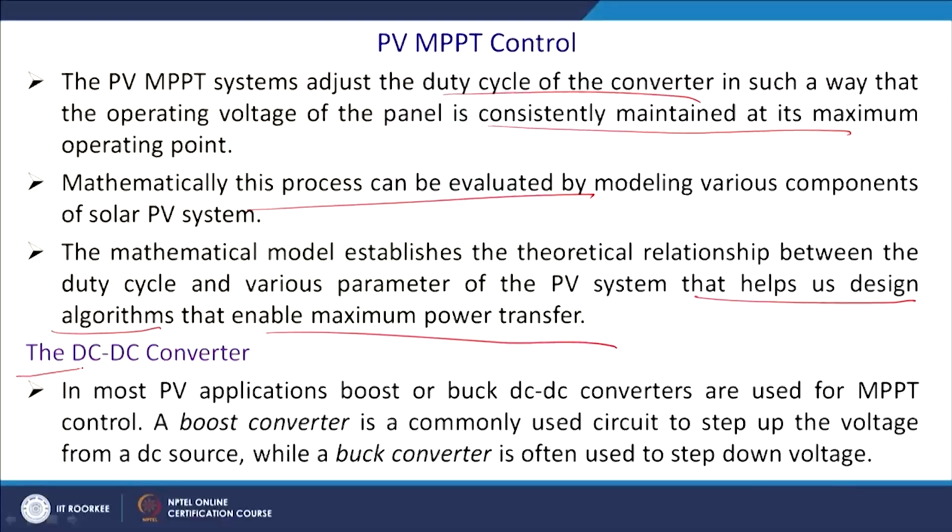So, you have a DC to DC converter. In most PV applications, boost or buck DC to DC converters are used for MPPT control. A boost converter is a commonly used circuit to step up the voltage from the DC source, while a buck converter is often used to step down the voltage.